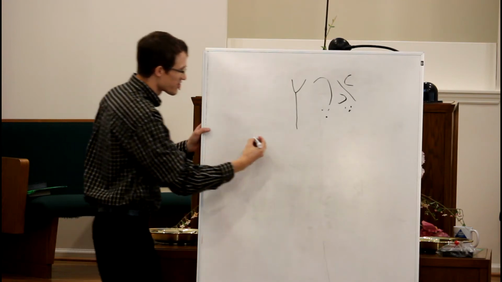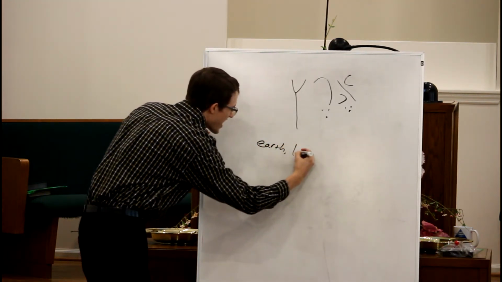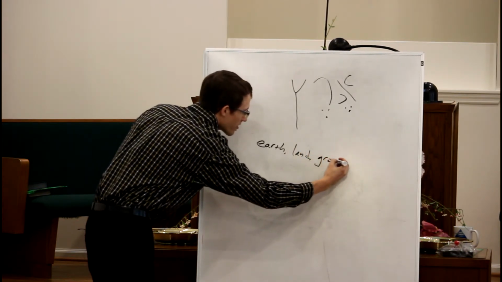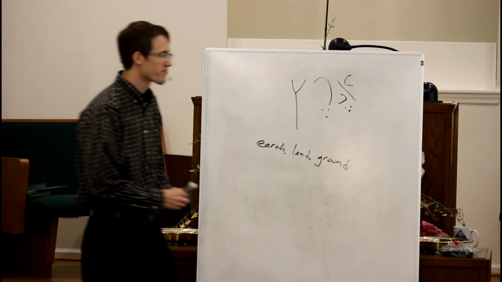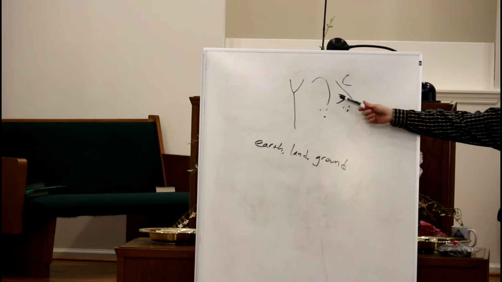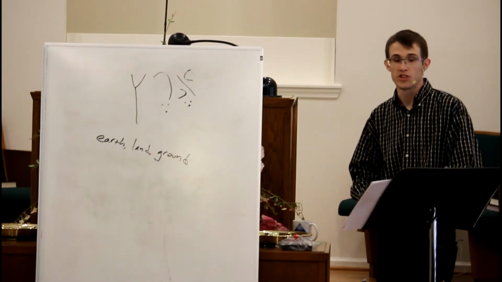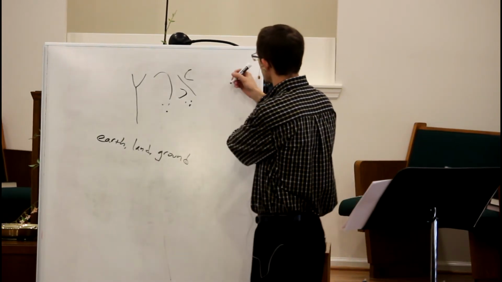Eretz. That means earth, land, or ground. And then, how do you spell it? Aleph, Segol, Resh, Segol, final form Sade. Transliterate it. Let's see.